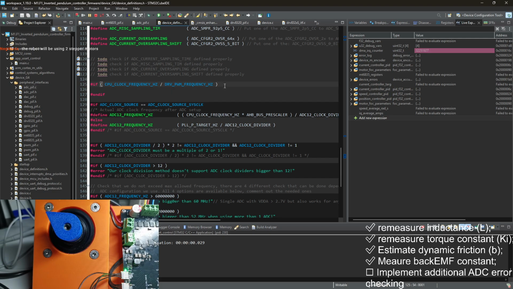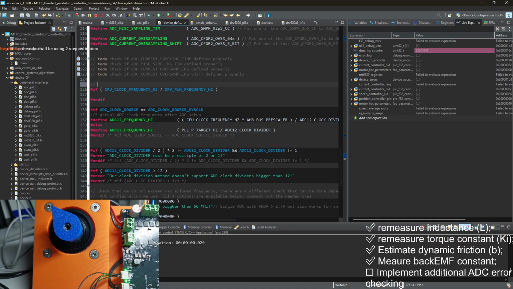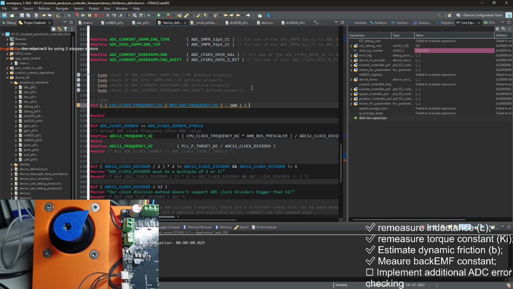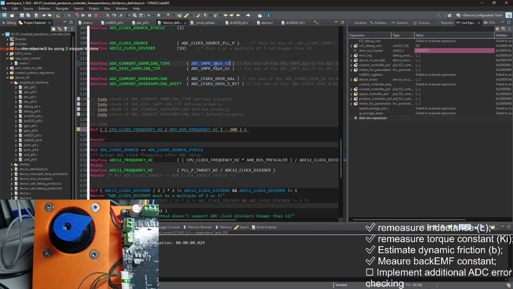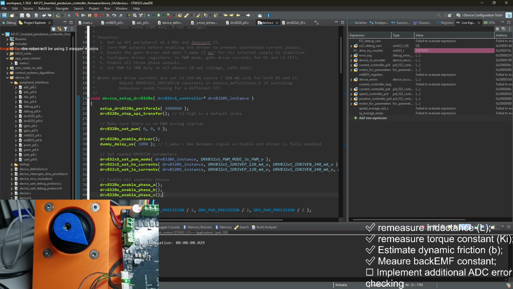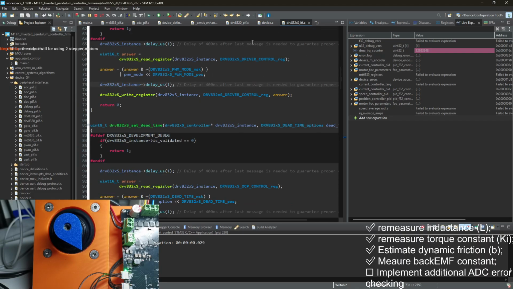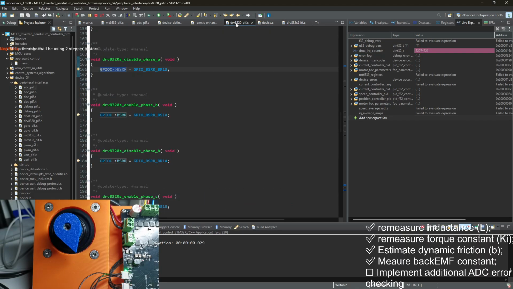Okay, so this will give me this number, and this number must be, let's say, minus 200, must be bigger than what? Oh, this will be quite a complicated preprocessor definition, because I don't believe we can use variables in the preprocessor.